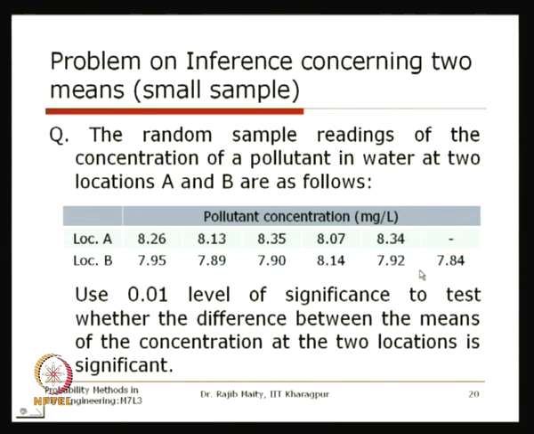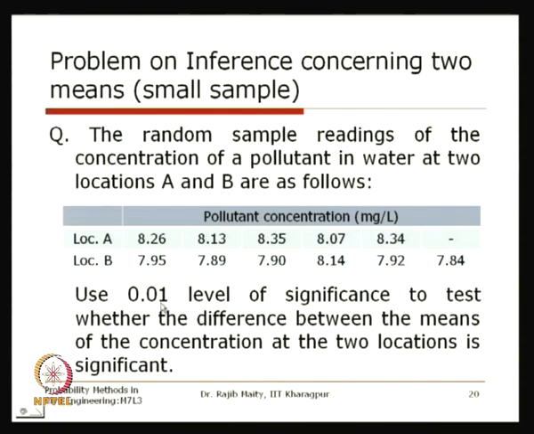This problem is taken because it is not required that we have the same length of data; n1 and n2 need not be the same. So for sample 1 we have 5 samples, and for sample 2 we have 6 samples.